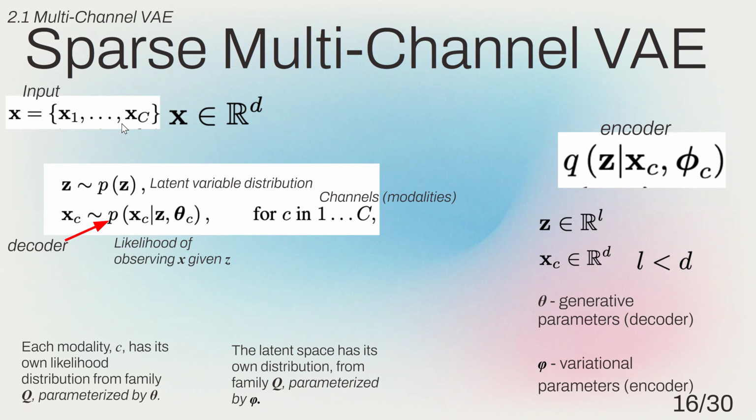So the input, let's just say we have an input data X, and this input data can come from any of the C channels. Capital C is all the different modalities that we have, and we can pick any modality that we want, which is represented by this lowercase c.